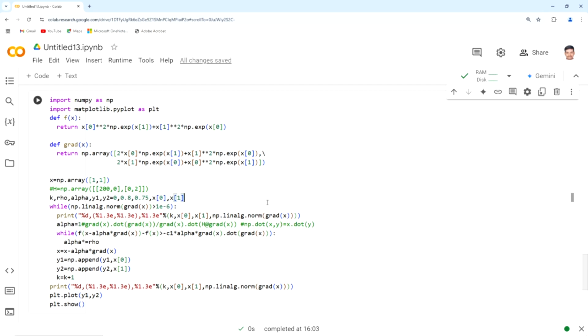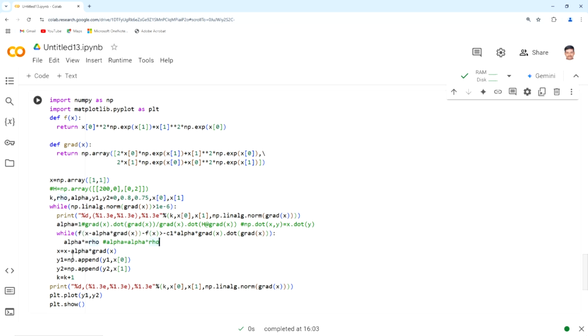I am printing them. In this part, alpha equal to 1, while the condition holds, alpha equal to alpha into rho. This is another method of writing alpha equal to alpha into rho, so both commands are the same. And x is equal to x plus alpha d, where d is minus g.